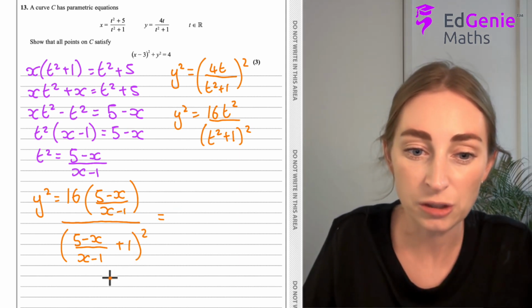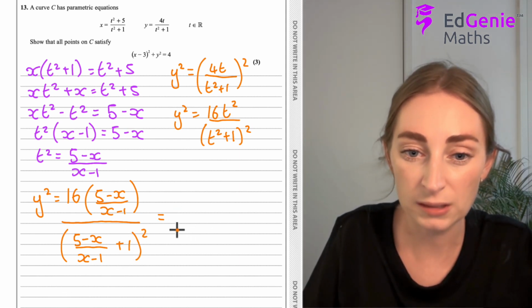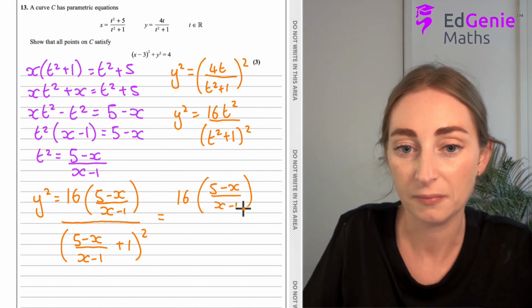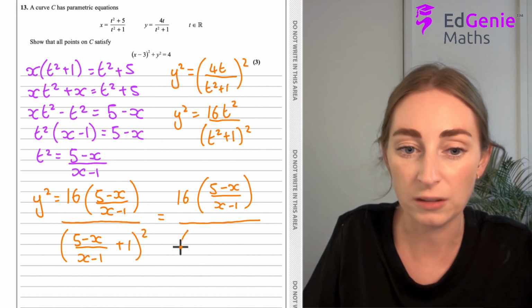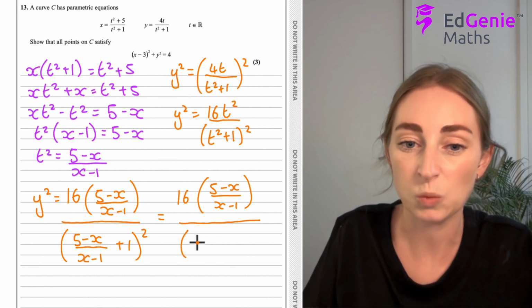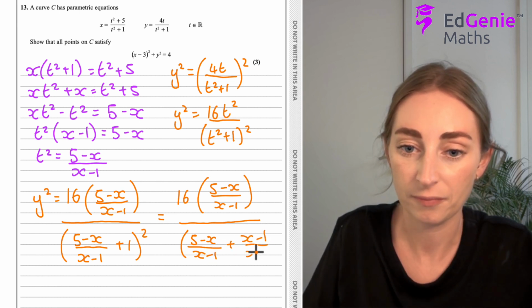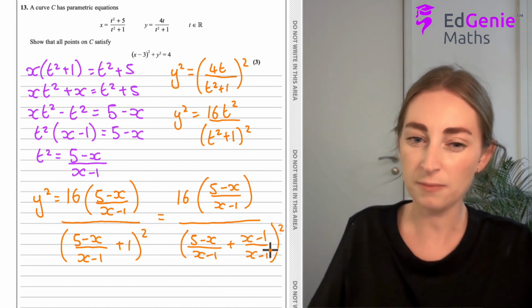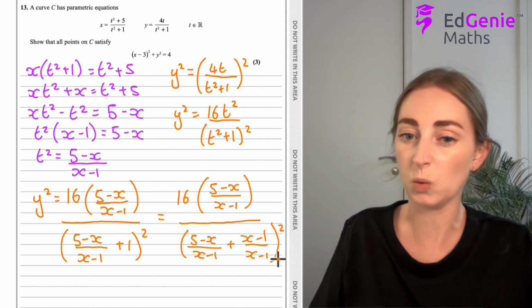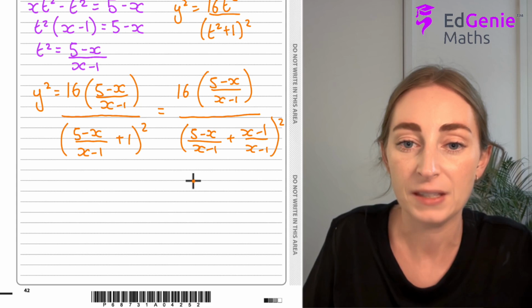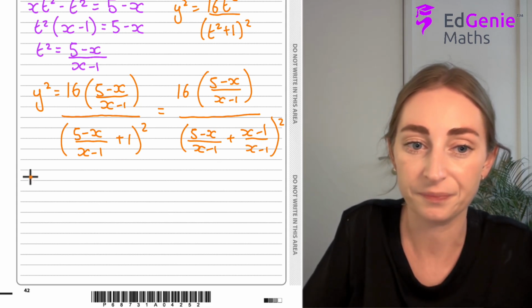But what we can do is write 1. Let me show you. Let me just write this out again. So I'm going to rewrite 1. So it's going to be x minus 1 over x minus 1. Let me show you. Okay, because x minus 1 divided by x minus 1 is 1. So we're allowed to do that. Then this is going to simplify quite nicely.